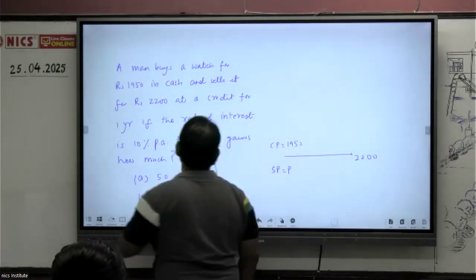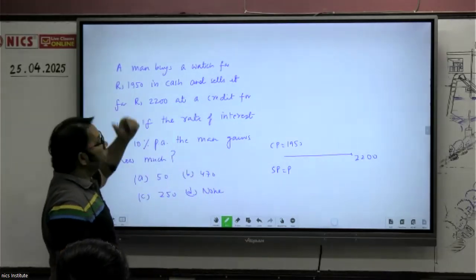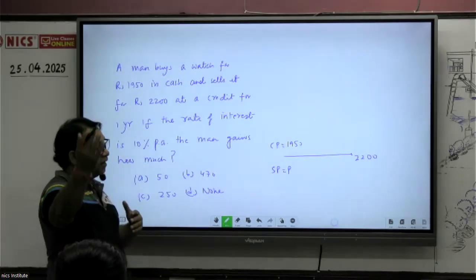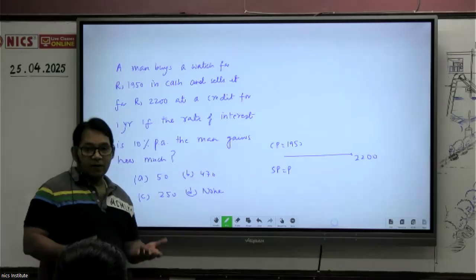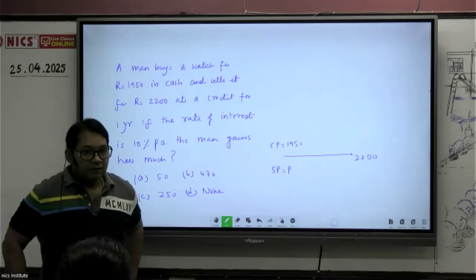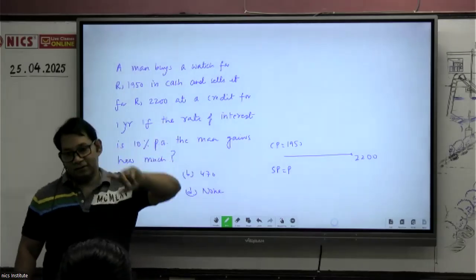See, if he gets 2200 rupees now, today, his profit would be just 250 rupees. How can it be more when he's getting that money after 1 year? Its value will be less. He's getting 2200 after 1 year.